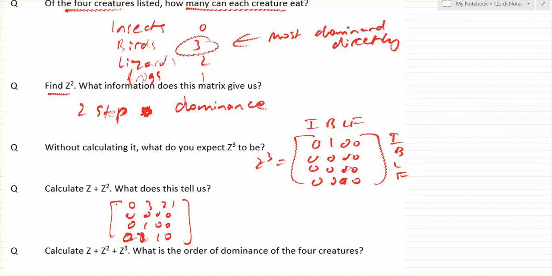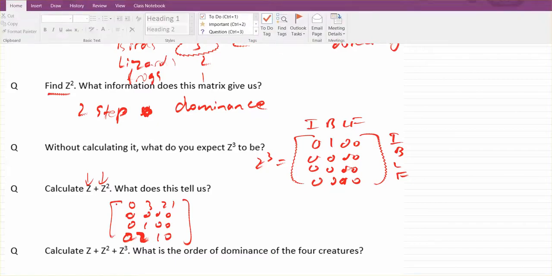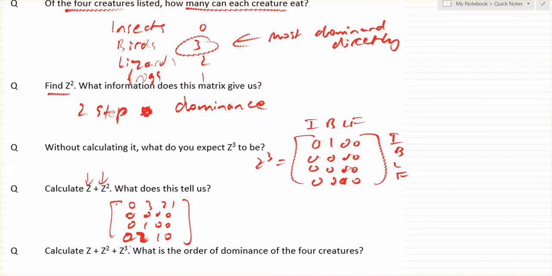So what this tells us is whether direct or by two steps, what the total dominance is. If I add the columns together, I get 0 here, 6 here, 3 here, 1 there.